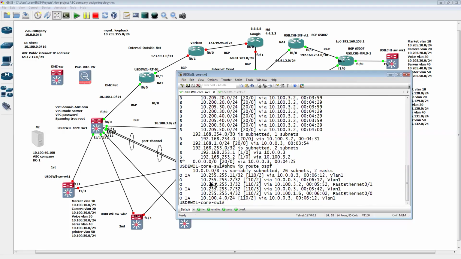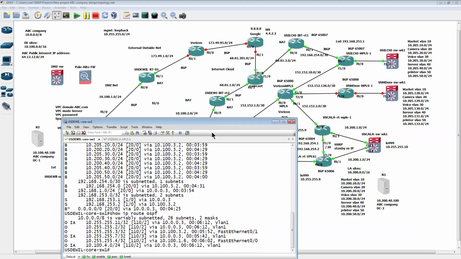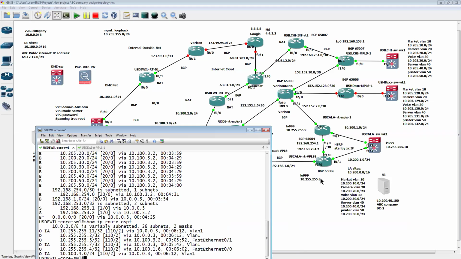We got 11, 2.3, and 7.4, but we don't have 8 and 9. Maybe 12 or something like that, I forgot this one.